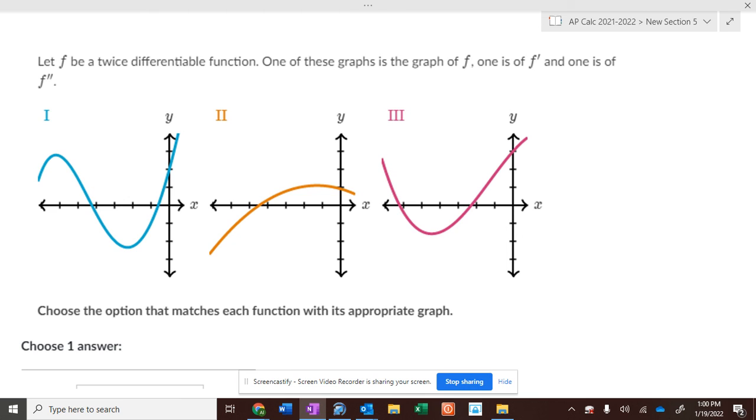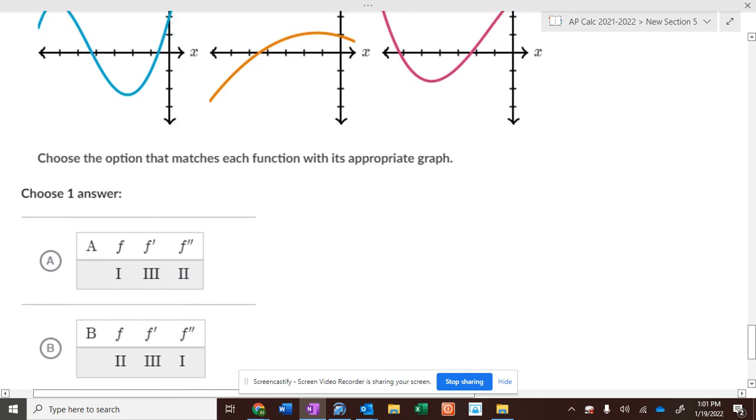Negative slope all the way to here, then positive the rest of the way. So if we do what Trey said, 1, 3, 2, this would be the second derivative. Concave down until about -4.5, then concave up. Yep, 1, 3, 2 would be the order.